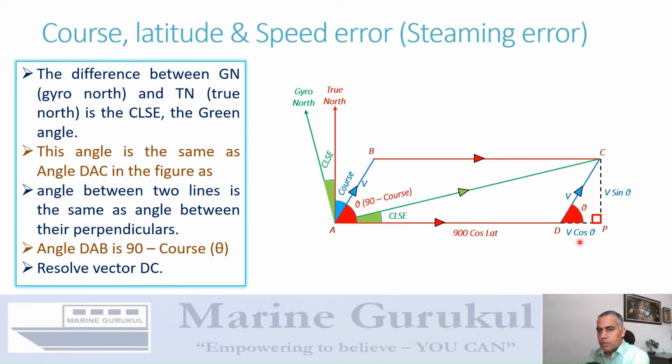So this is a simple application of the trigonometric ratios of cos theta and sin theta. And this is also a simple application of the vector resolution. We have basically resolved this vector delta Charlie into two components, V cos theta and V sin theta. This will help us in derivation of the CLSE formula.